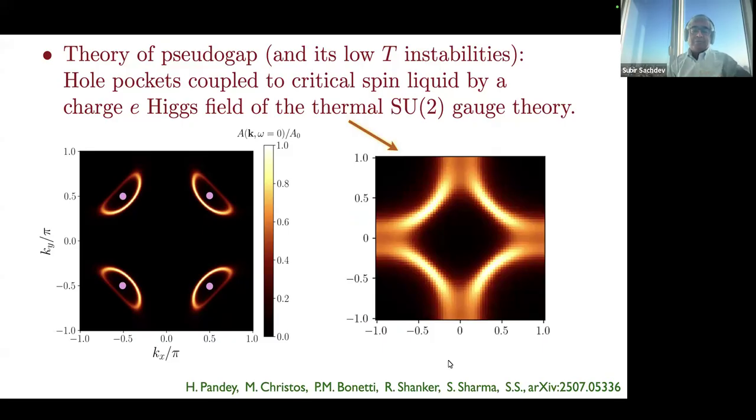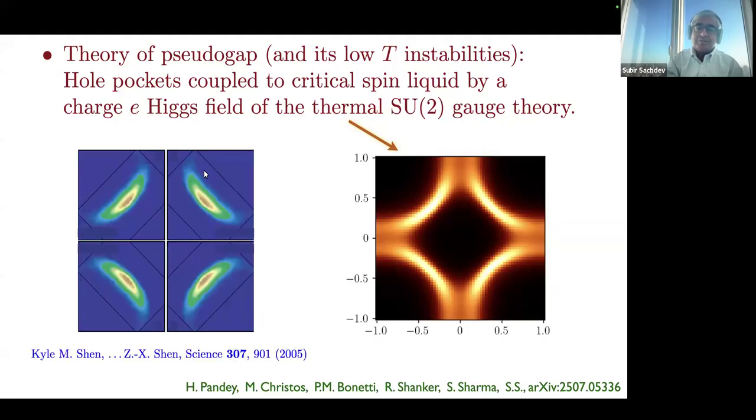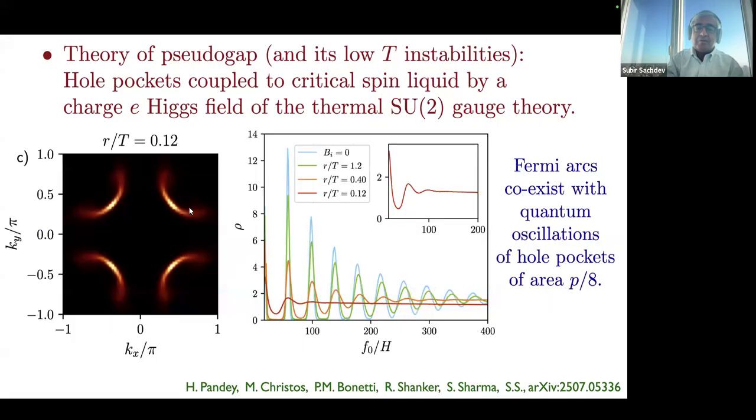So what we showed was that when you put in this full SU2 gauge theory and include thermal fluctuations, it converts these pockets coupling to the spinons precisely to the arcs that are quite close to what's seen. And furthermore, it can do this in a way that doesn't destroy the Yamaji type effect, the fact that you get some special angles on elliptical motion of area p over 8.